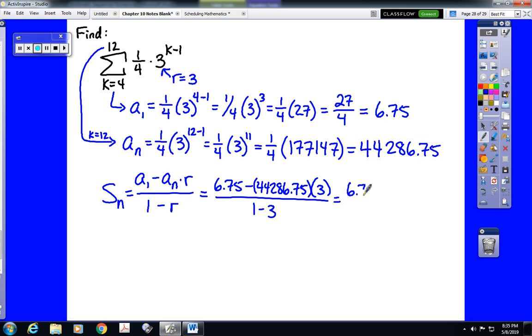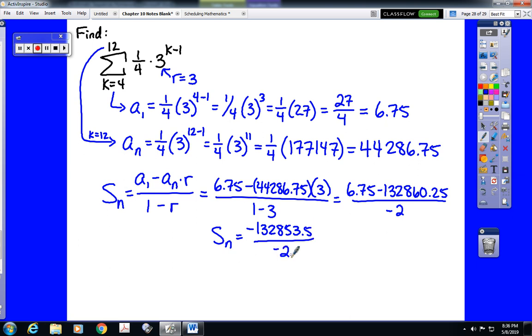So we do 44,286.75 times 3, which would be 132,860.25. We can also do 1 minus 3 to get negative 2. Then we do the subtraction, so 6.75 minus that number would be negative 132,853.5 divided by negative 2.